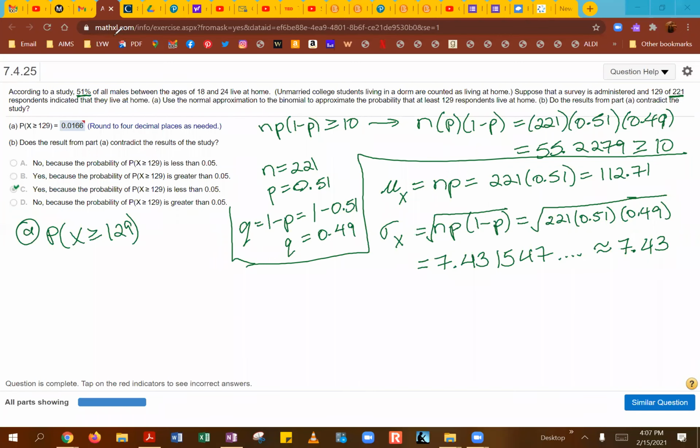To make that adjustment, we will go ahead and rewrite this probability of X greater than or equal to 129 minus 0.5, which, of course, ends up giving you a probability of X greater than or equal to 128.5.